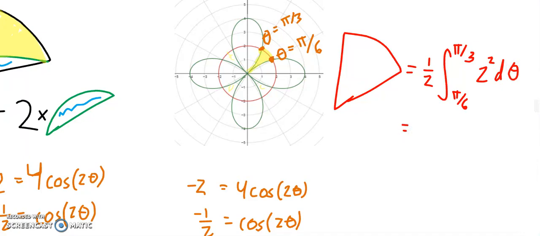That looks like it's going to come out to 1/2, and a 4 are going to make 2 times pi over 6, which is pi over 3.